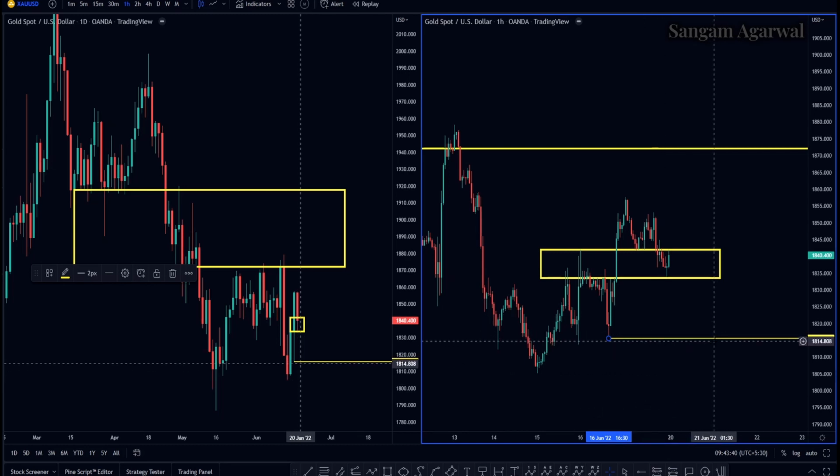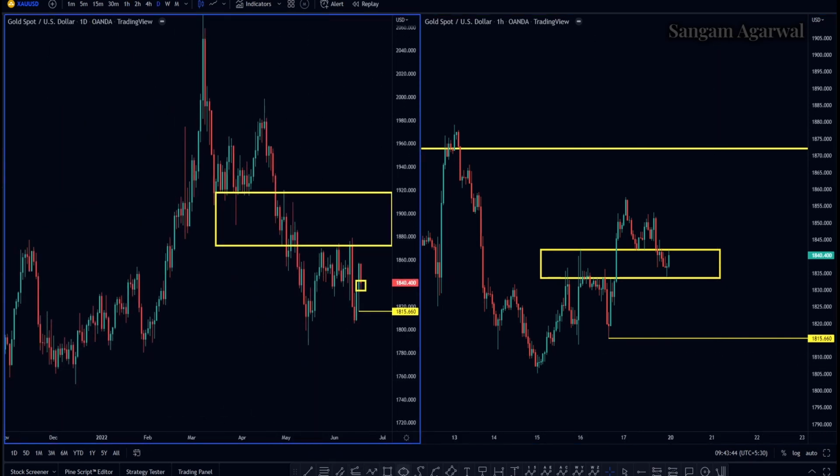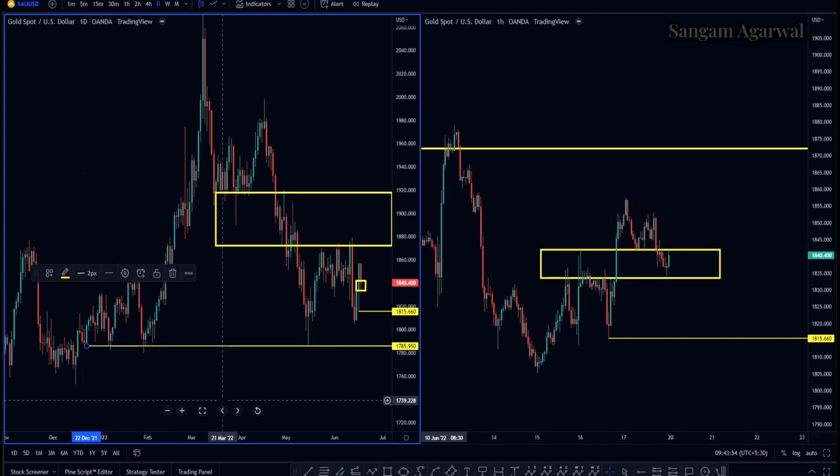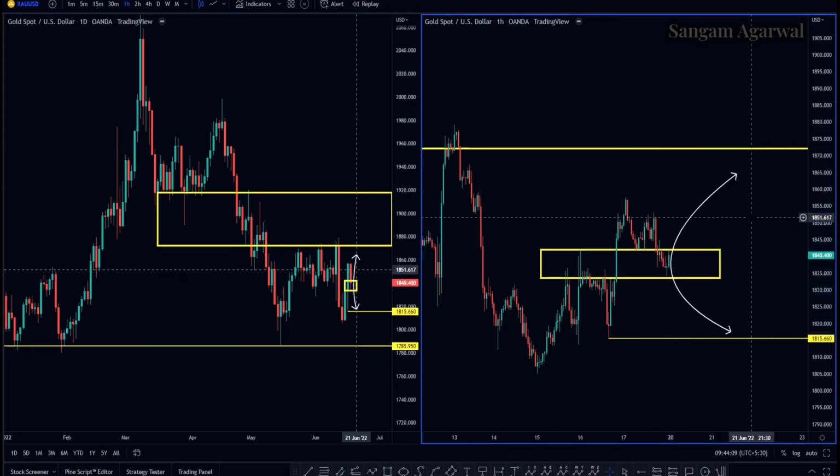If this level breaks on the H1 time frame, then you can target the next support 1785. So the next direction of gold depends on what the Fed says this week in his speech and what China and Russia do together.